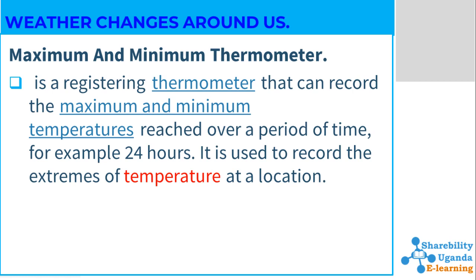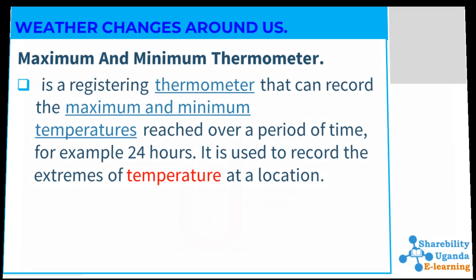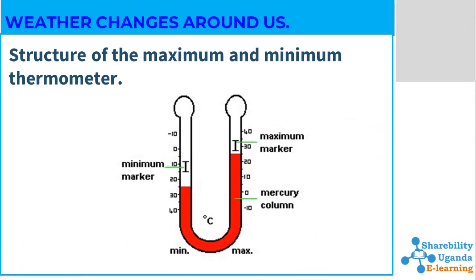It is mainly used to record the extremes of temperatures at a location or at a given area. This is the structure of the maximum and minimum thermometer. It has the side for measuring the maximum and the side for measuring the minimum temperature.